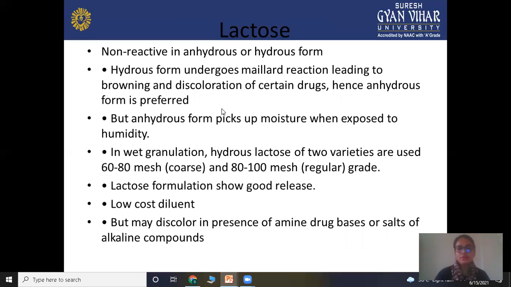The second point is that the anhydrous form takes up more moisture when exposed to humidity. The hydrous form is mainly used, and it does not cause any reaction or decoloration of the drug.